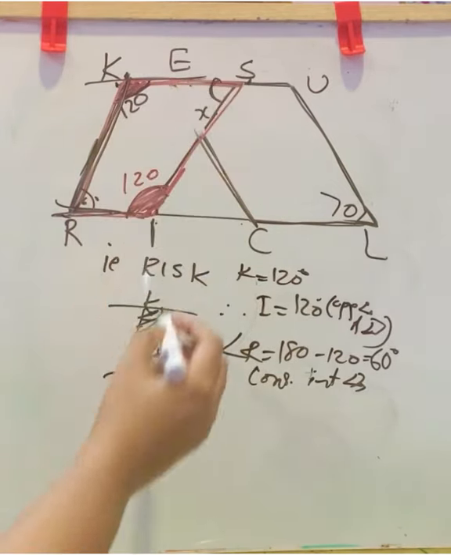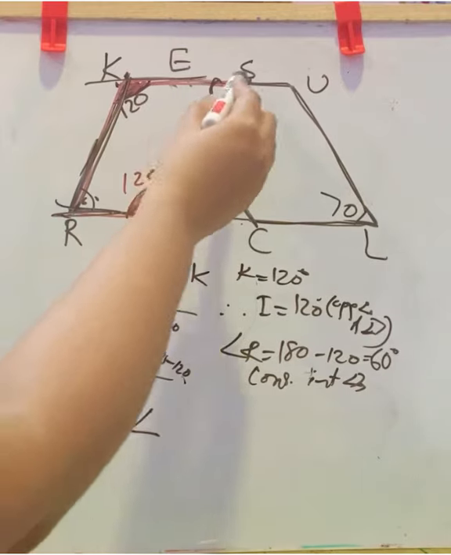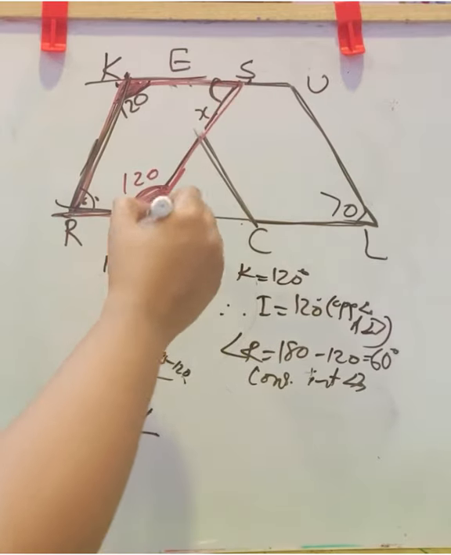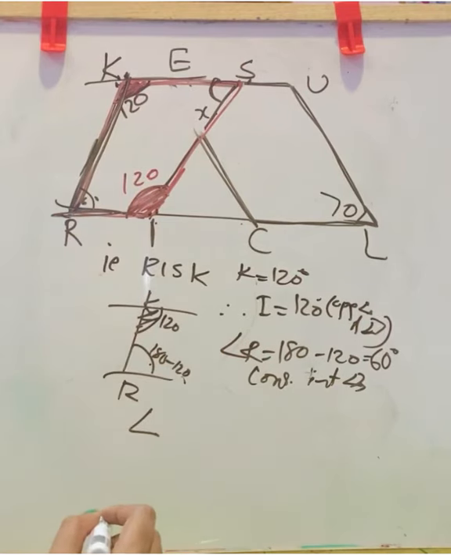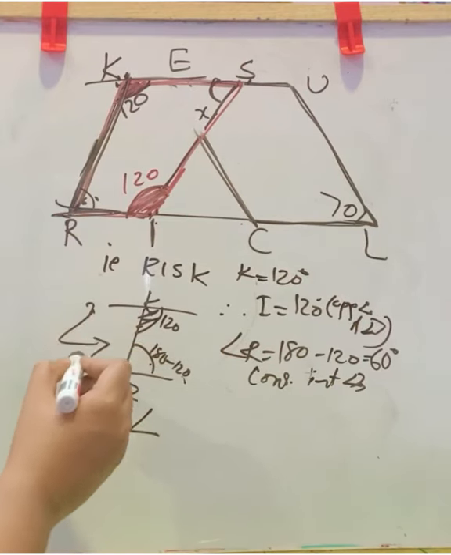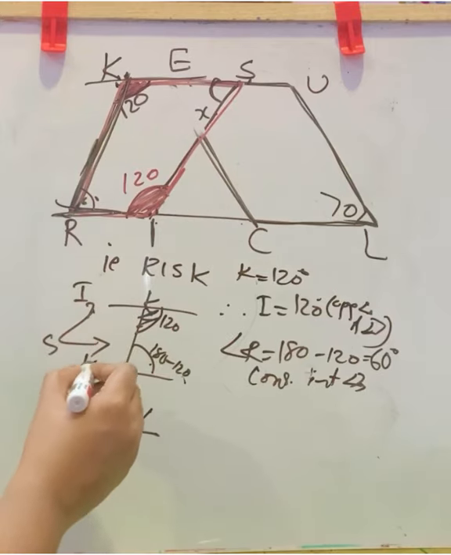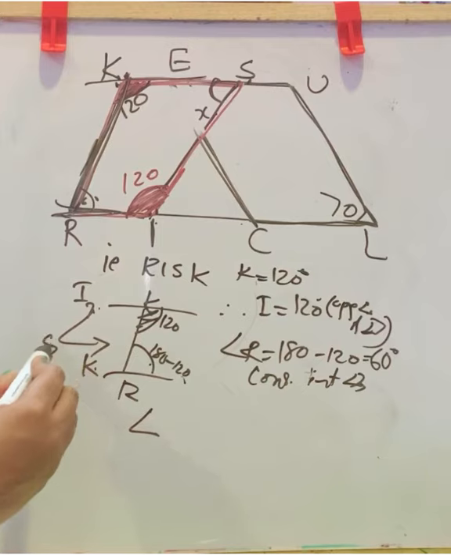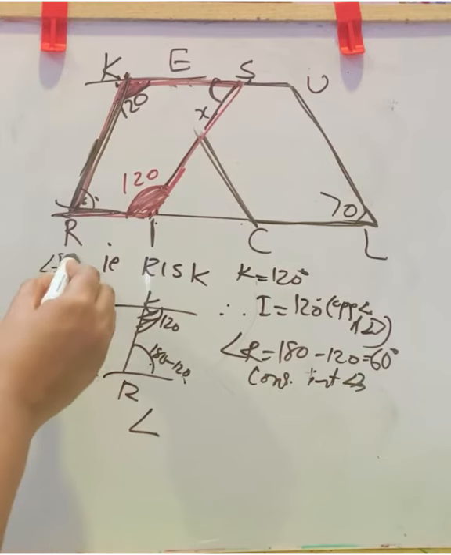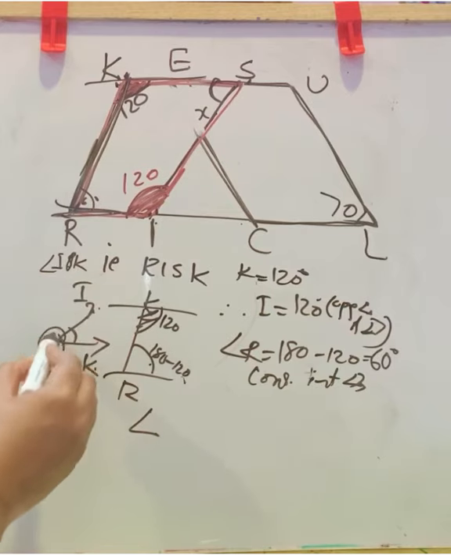This angle, we can name this angle as ISK. Do you know how to name an angle? If you name this as ISK, we are mentioning this angle, the middle letter being the vertex. Angle ISK means the middle letter S is the vertex.